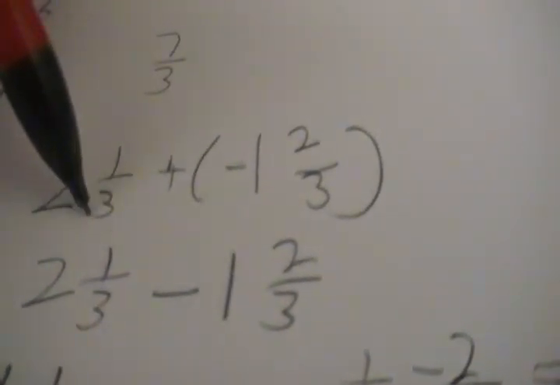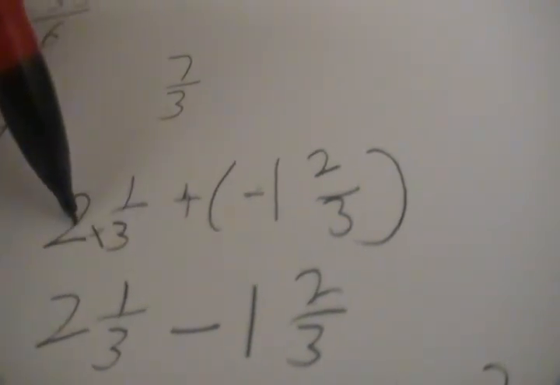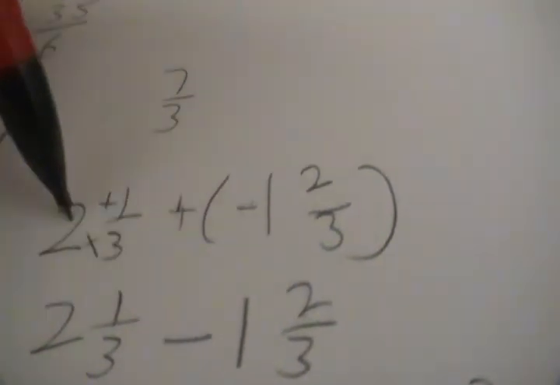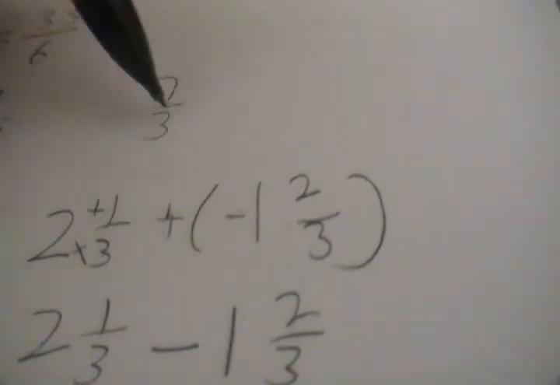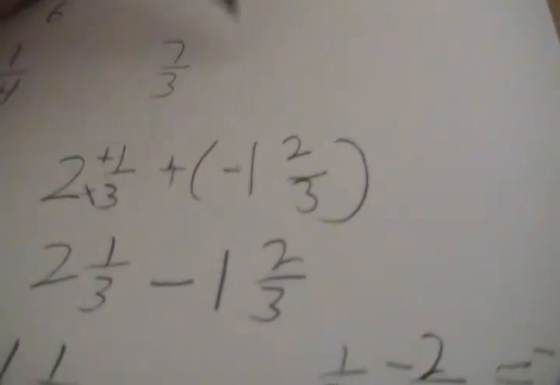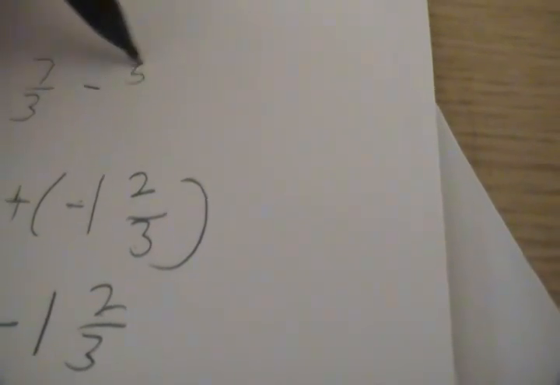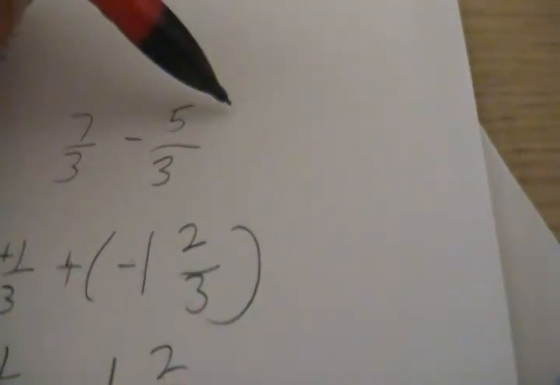What we do is multiply 3 times 2, and then add that to 1. So 3 times 2 is 6, and 6 plus 1 is 7. So 7 over 3. We're going to subtract from that 3 times 1 is 3, and then 3 plus 2 is 5. So we just subtract those numbers and you get 2 over 3.